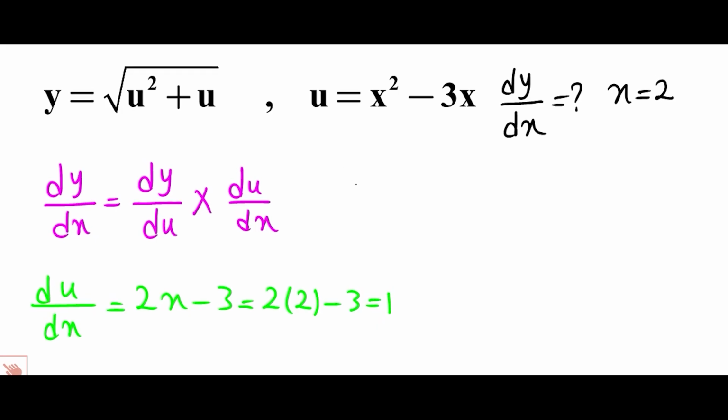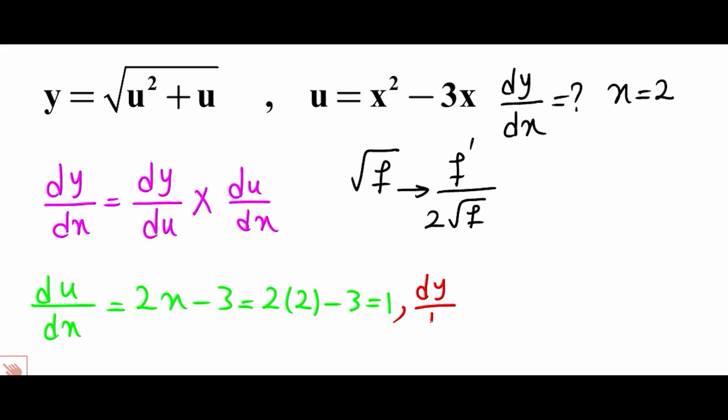And as you know, the derivative of the square root of f is equal to f prime over 2 times the square root of f. So the derivative of y with respect to u is equal to, f prime, meaning the derivative of u squared plus u, which is 2u plus 1, over 2 times the square root of u squared plus u.